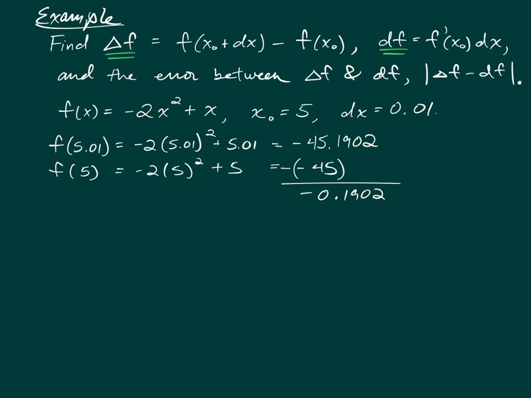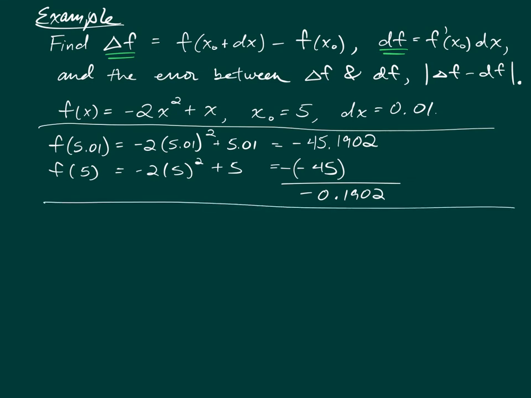So what you are asked to figure out next is the difference using the linearization. So when you have this differential df, that is what you use when you don't have an equation defined as y. So here we could say the differential, if it were y equal to negative 2x squared plus x, then we would find dy equals blah blah blah.